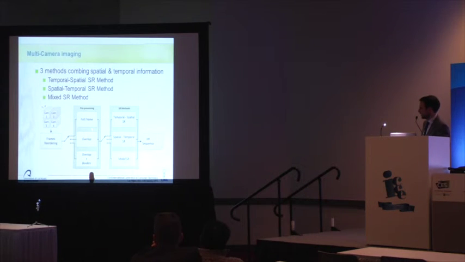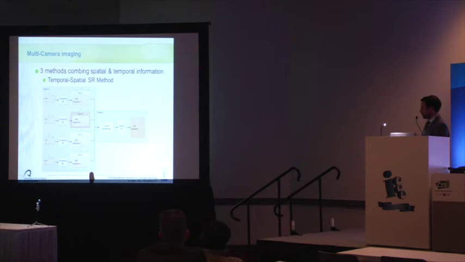Then we apply a preprocessing mode, and finally we consider one of these methods, which are called temporal spatial superresolution, spatial temporal superresolution, and mixed superresolution. And this is just based on how we use the information. I mean, whether we apply first temporal superresolution or spatial superresolution.